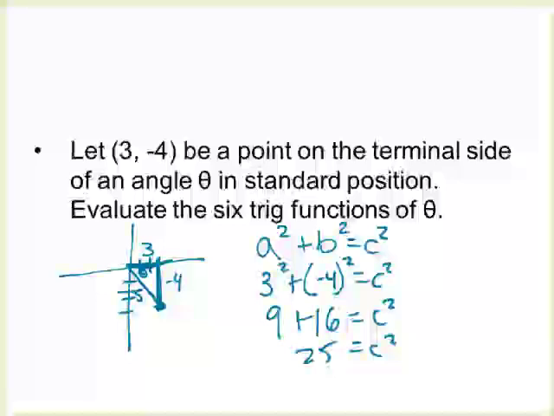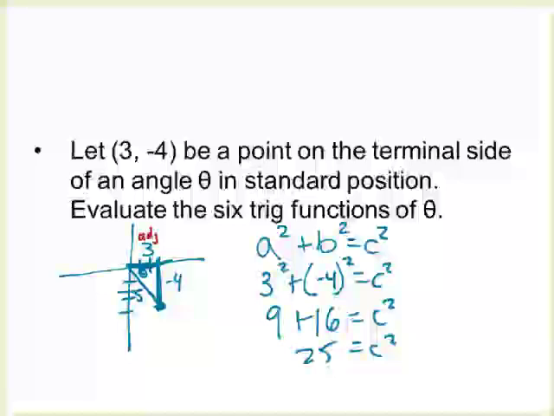The question says, evaluate the 6 trig functions of theta. So that's something that we talked about back in the first lesson of this chapter. To do that, we needed to know the relationship of the sides of the triangle according to theta. So what kind of a side is 3? Opposite, adjacent, hypotenuse? Adjacent.